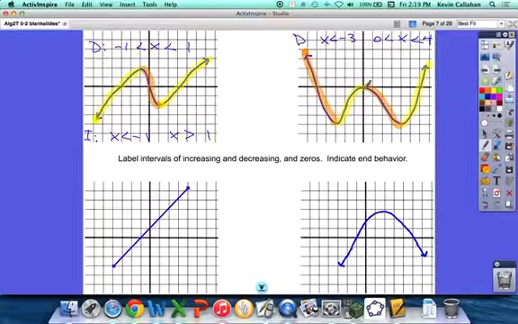Remember, you're not talking. So what about this interval here? How do I name that interval of increasing? You got it. What'd you say? 0. Right? In between -3 and 0.